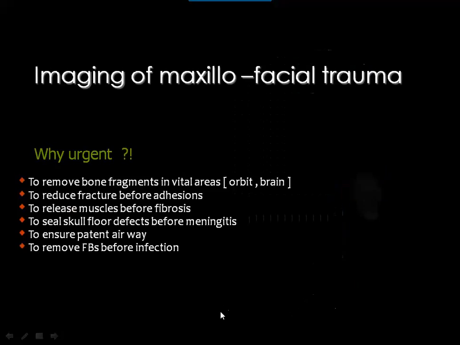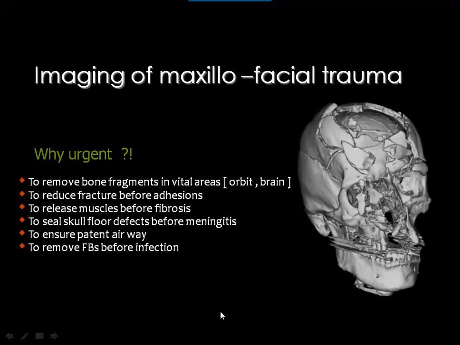as I will mention. Then what is the aim of imaging? I have mentioned to look at the fracture sites to assess orbital pathology, injuries, and intracranial abnormalities. And is imaging of the maxillofacial trauma urgent or not?